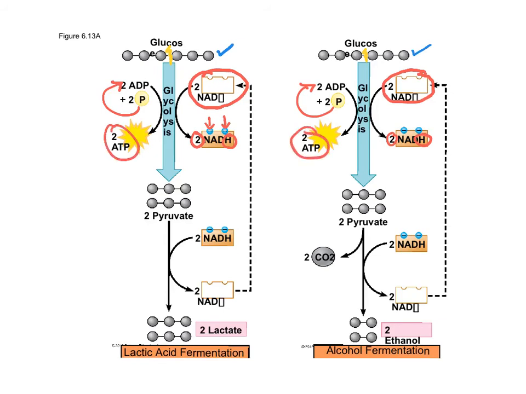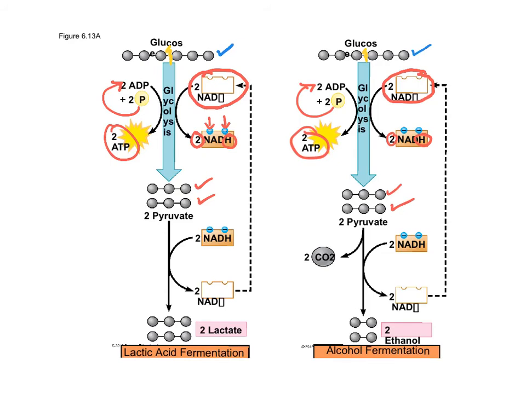So there's the energy that can be produced through this type of cellular respiration. The products that are produced are the same also. After glycolysis, you have two molecules of pyruvate. Okay, so that so far is the same as everything that we've learned, and it's the same between these two types of fermentation.